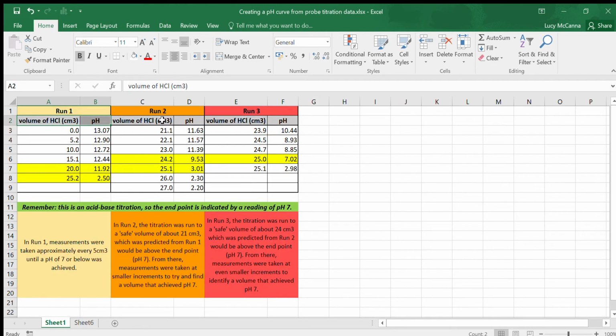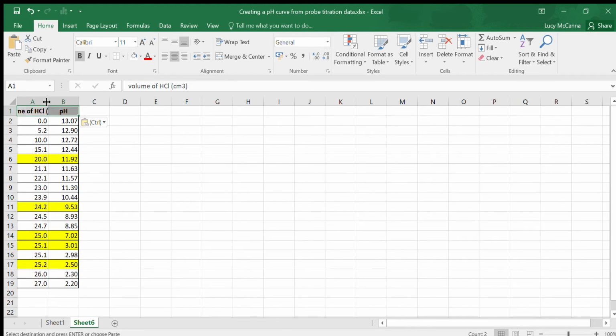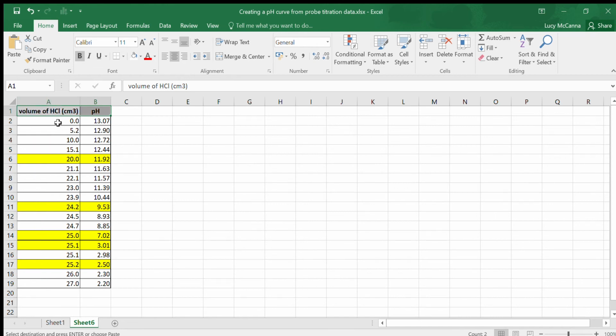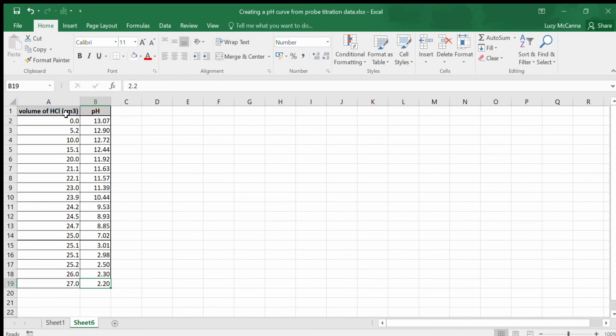What I will do is take one of my headings and put it at the top, and double click here so I can read my headings, and I'm going to remove the colour coding now because I don't need it. So that's really what we need to do: take those raw results, get them into a table and sort them from smallest volume to largest, and not worry too much where we have duplication and slightly different values.